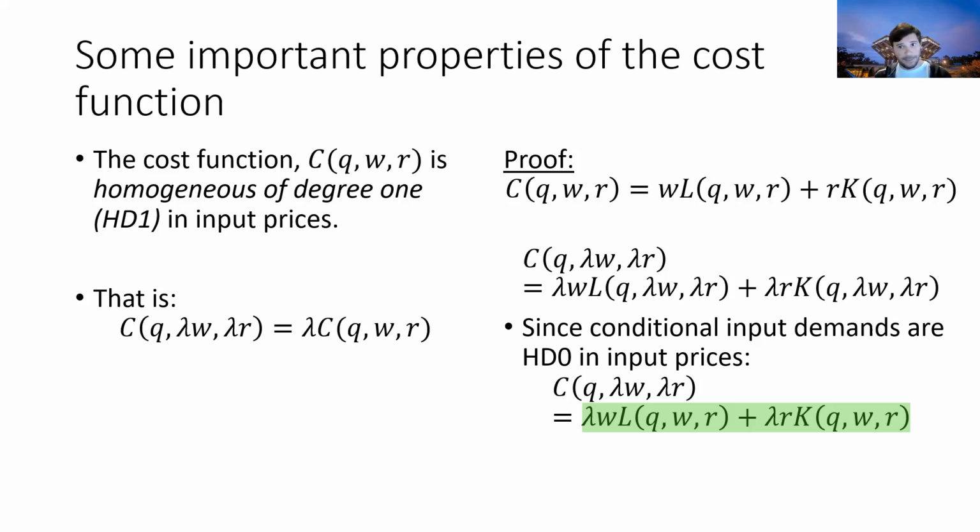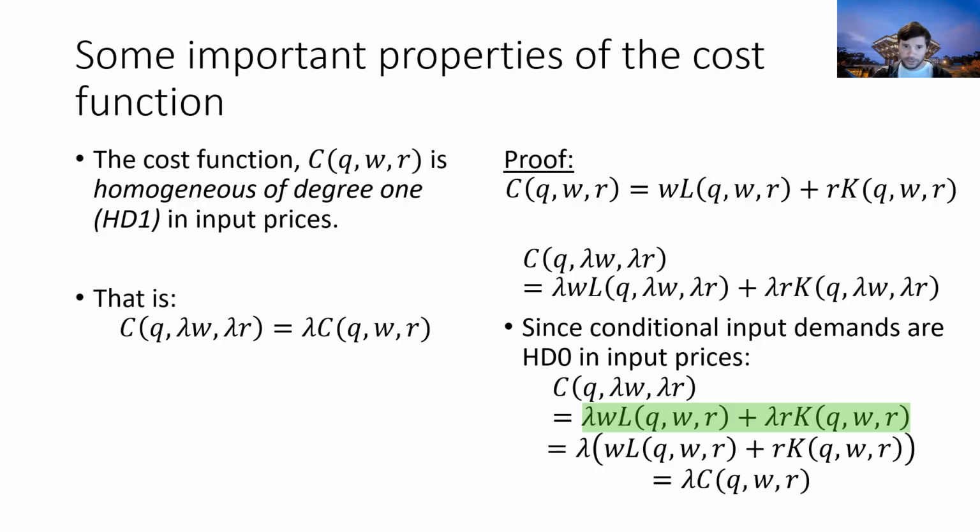Yeah, we can pull that lambda out in front. Everyone see that? So we now get lambda times the original cost function, which concludes the proof that the cost function has to be homogeneous of degree 1. This is a very general result, specifically in the prices. Scaling the prices for a constant level of output, this has to be true.